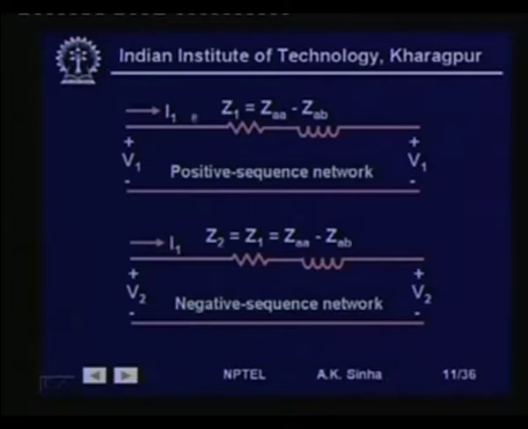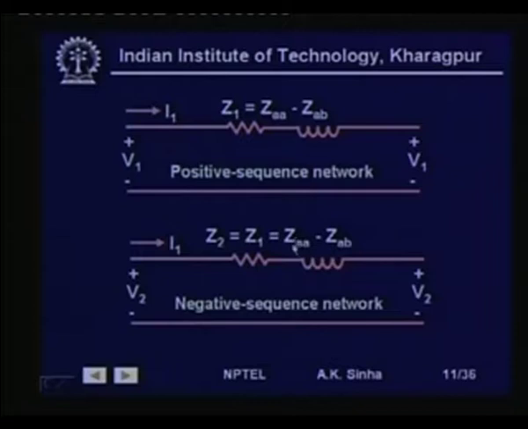Similarly, the positive sequence network will be independent, V1 on this side and V1 dash on this side, and the impedance will be Z1, which will be Zs minus Zm. So, this is not ZAA, it should be Zs minus Zm, and similarly Z2 for the negative sequence network will be V2 and V2 dash on this side, and the impedance will be Z2. Current I2 will be flowing in this. I am sorry, this should be I2, not I1.